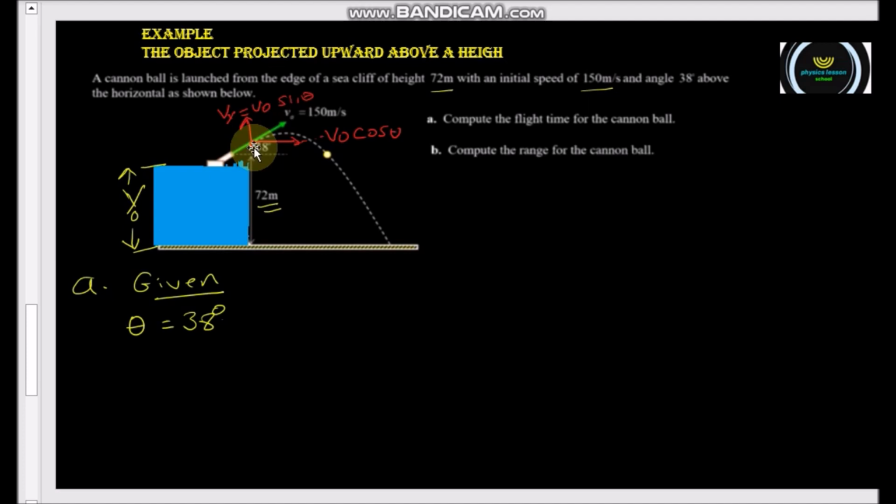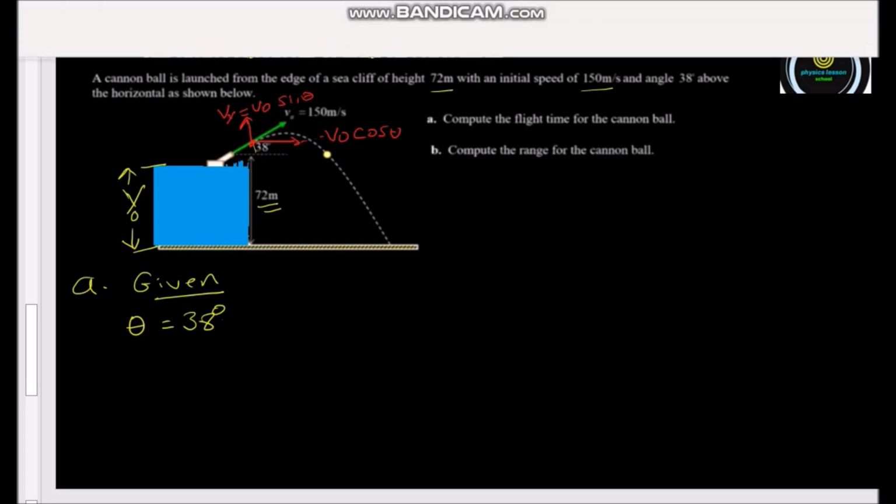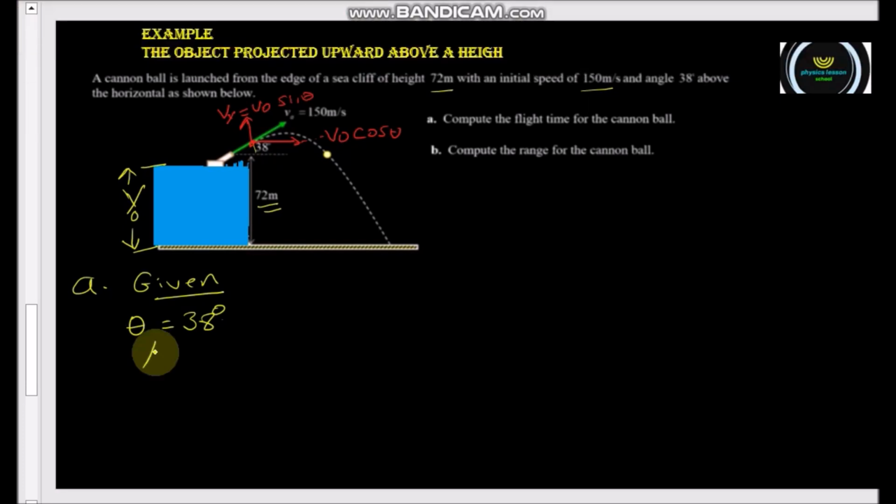So let's put in the values. Y naught is equal to 72 meters, but the object is projected upward.